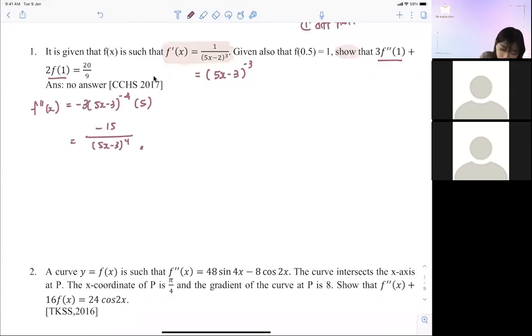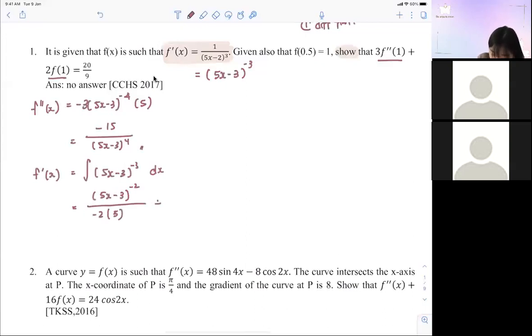Okay, one more, we need to integrate. The difference between differentiate and integrate is this: instead of power bring down, power bring up, over the new power, times differentiate of the bracket.